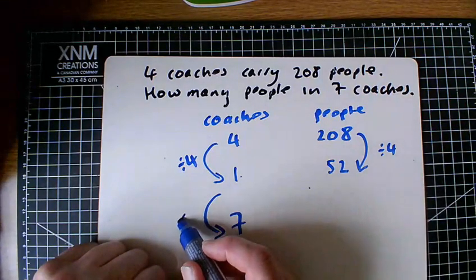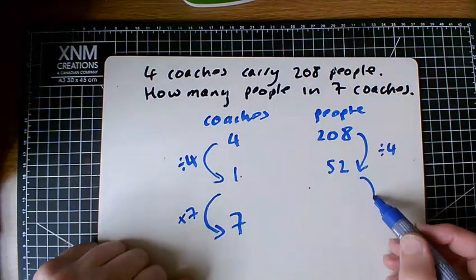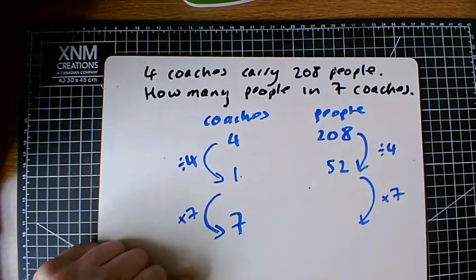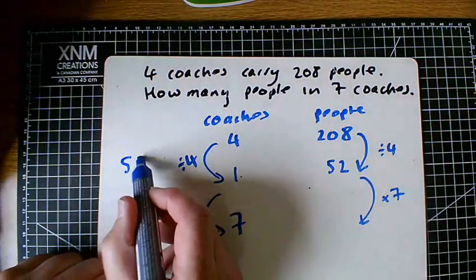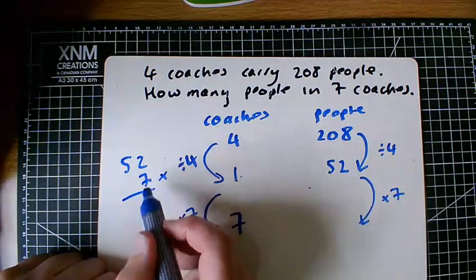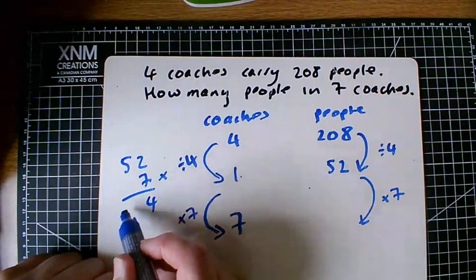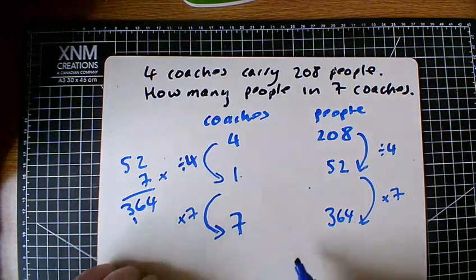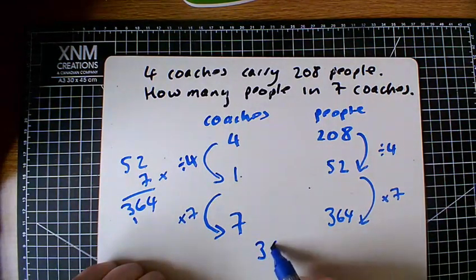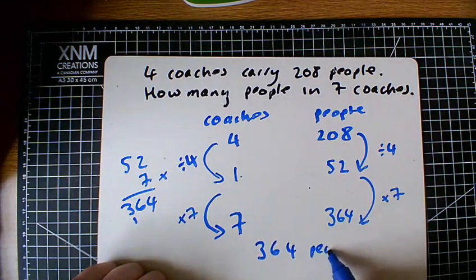I need to multiply by 7. So I do 52 times 7. We do a bit of side working here. 2 7s 14, 35, 364. So my final answer is 364 people.